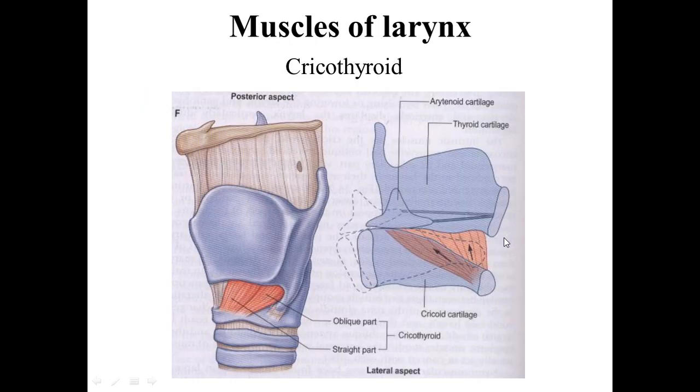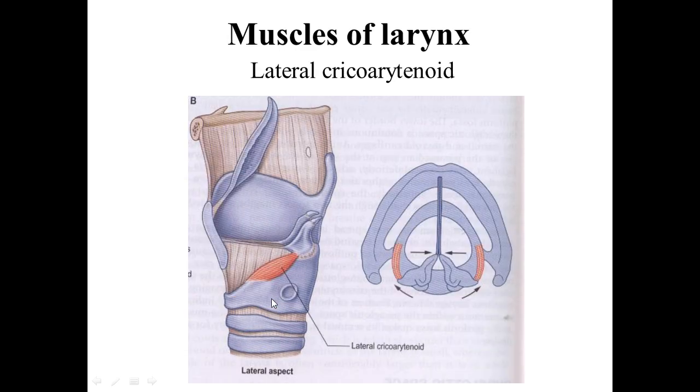Now, which are the muscles of the larynx? These are the intrinsic muscles of the larynx. The cricothyroid muscle extends from the cricoid cartilage to the thyroid cartilage. Then lateral cricoarytenoid extends from the cricoid cartilage to the muscular process of arytenoid cartilage.